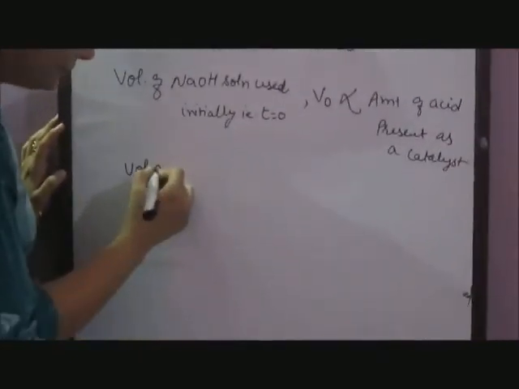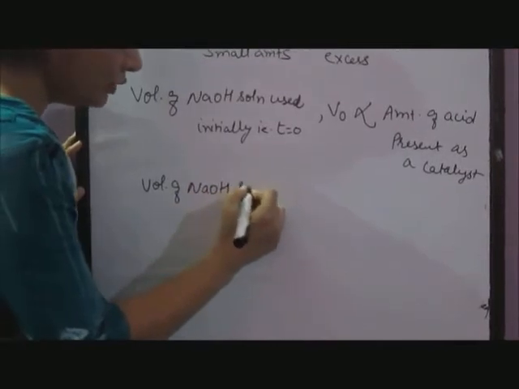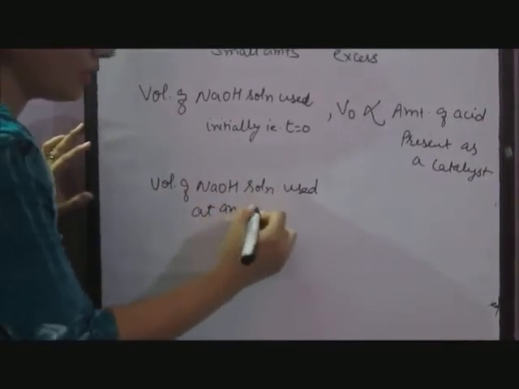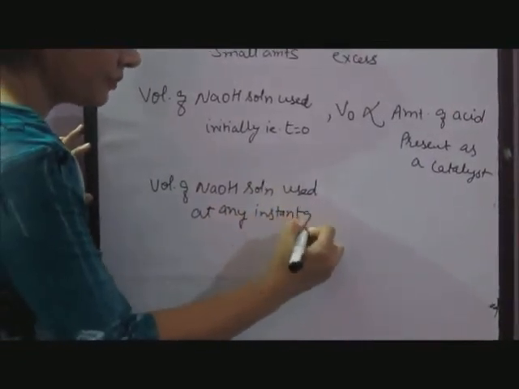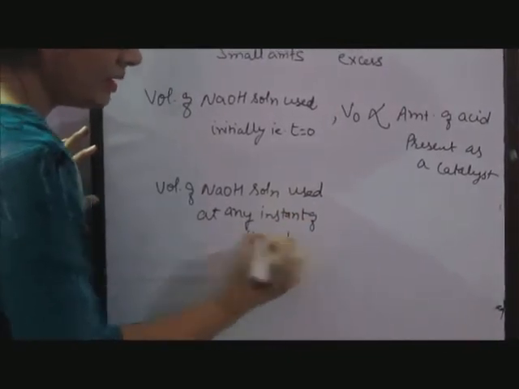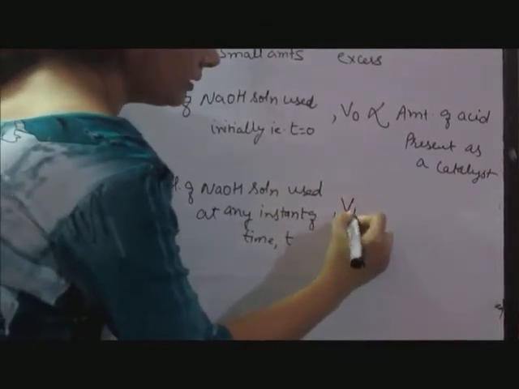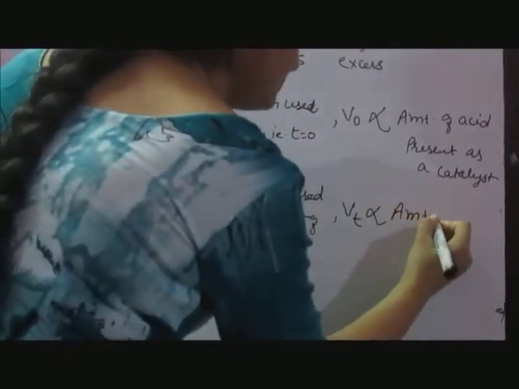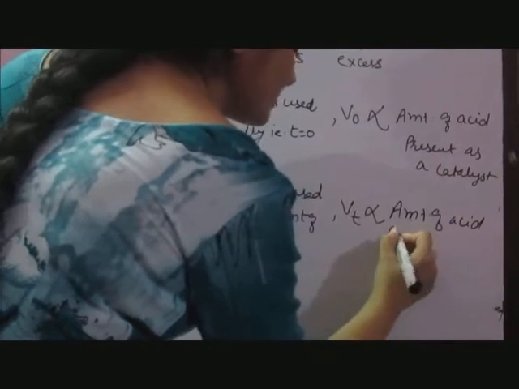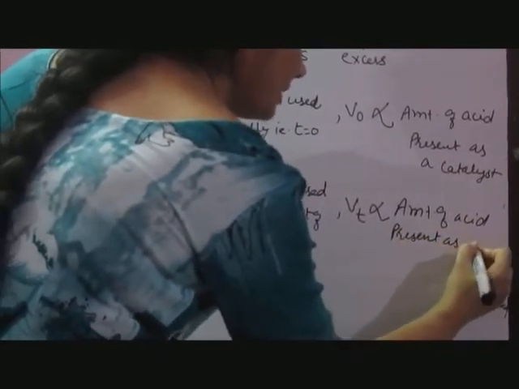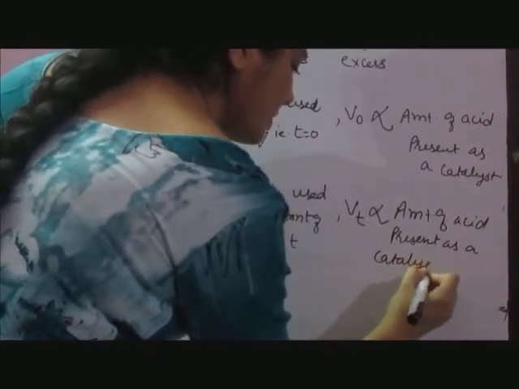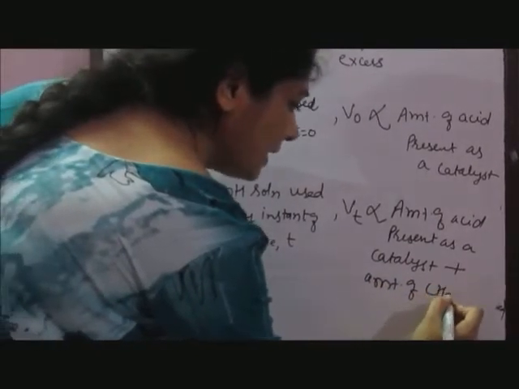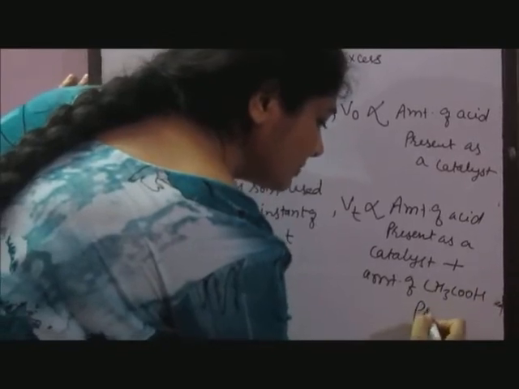Volume of NaOH solution used at any instant of time t is Vt, which is proportional to amount of acid present as a catalyst plus amount of acetic acid produced.